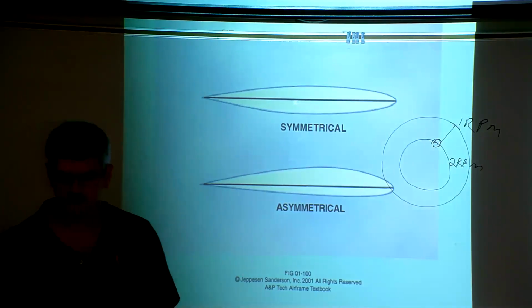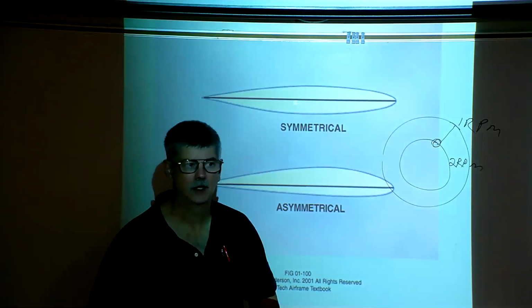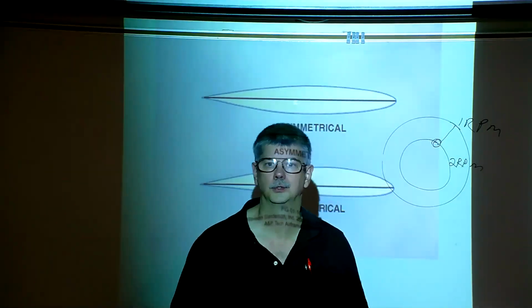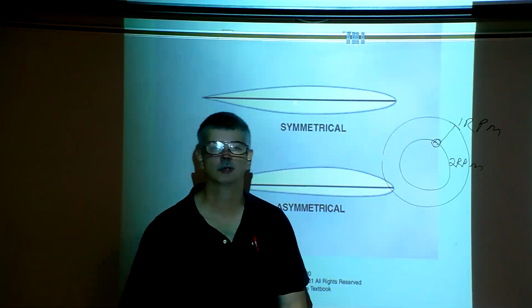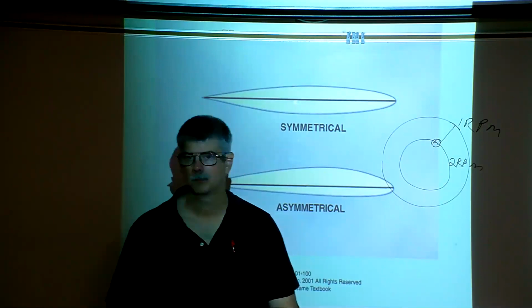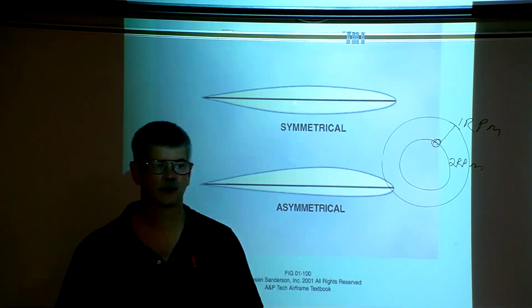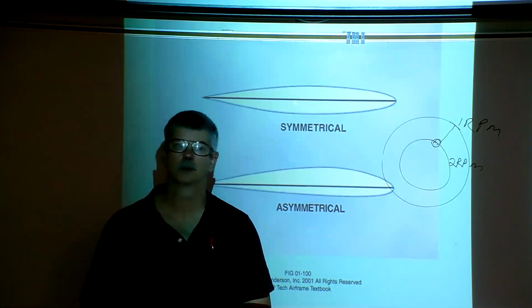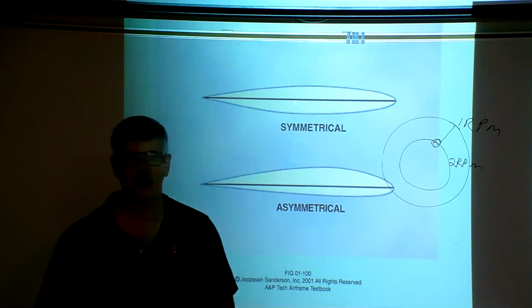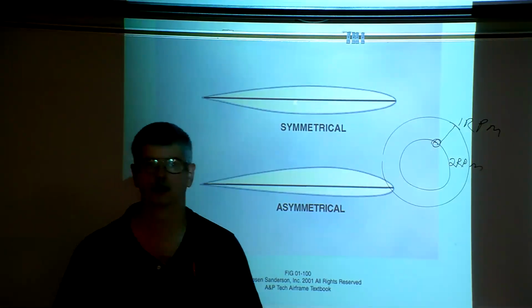The two gyroscopic forces: the one that says that a spinning object tries to stay in its plane of rotation is known as rigidity in space. Whereas precession says that a force acting on a spinning object does not act at the point at which the force is applied, but acts 90 degrees in the direction of rotation.